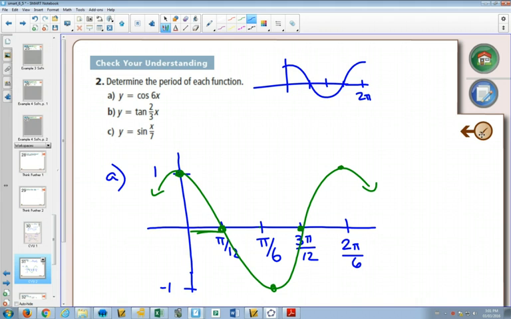And we can now answer the question. Period is 2 pi over 6 or pi over 3. You could leave it as 2 pi over 6. That would be fine.